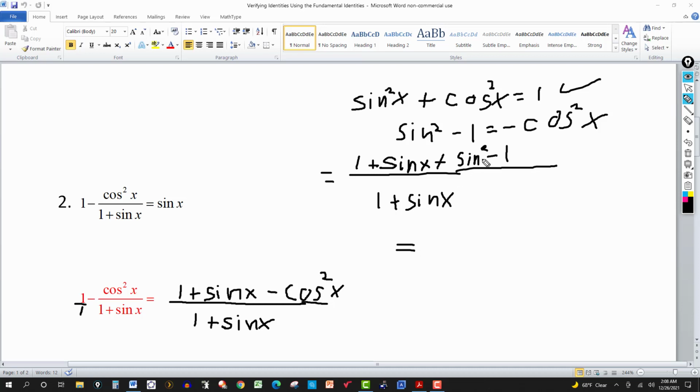So that's going to leave me with, and this is an x here, sine squared x plus sine of x. And that's all over 1 plus sine of x.